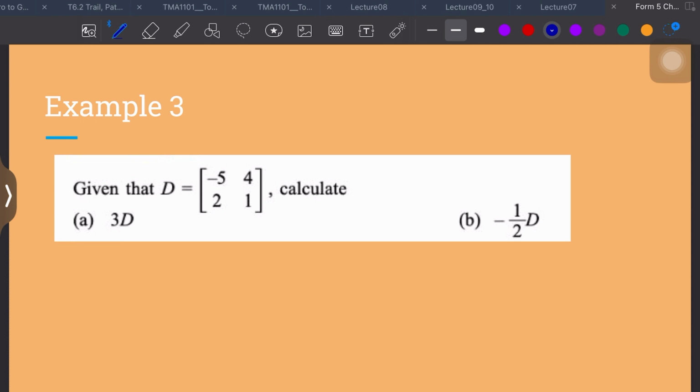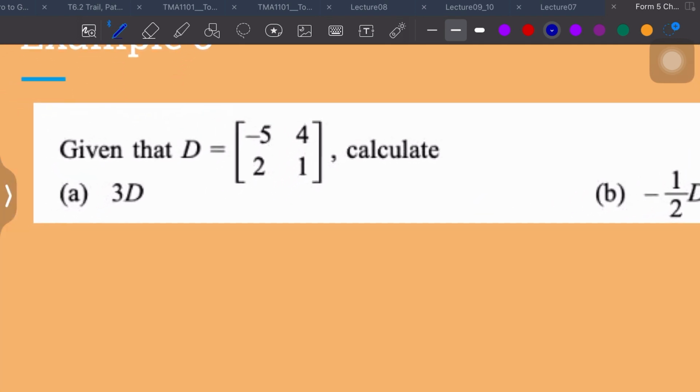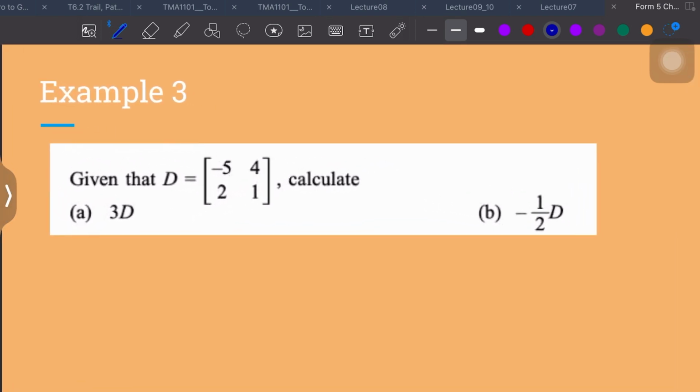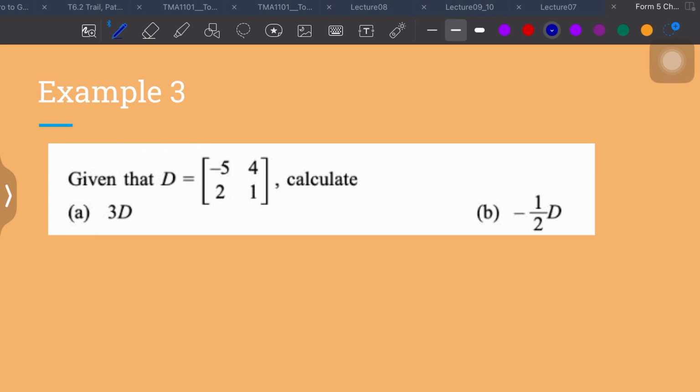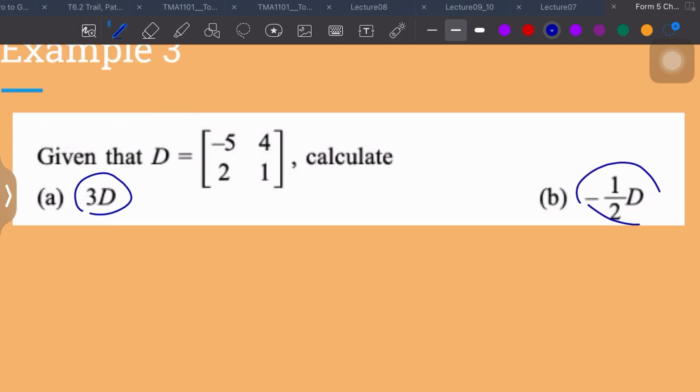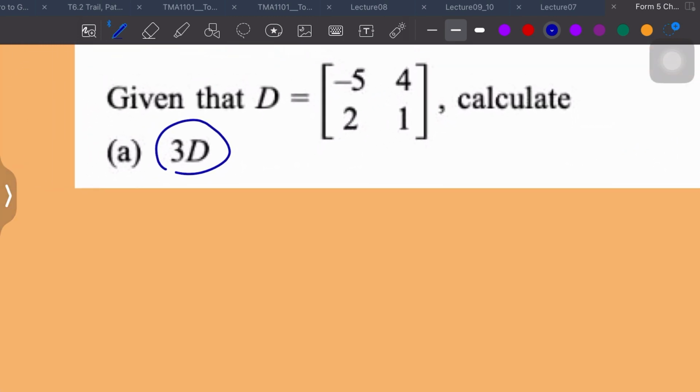So, for this one, let's solve this question. Given that matrix D is equal to negative 5, 4, 2, 1, calculate 3D and negative 1 per 2D.